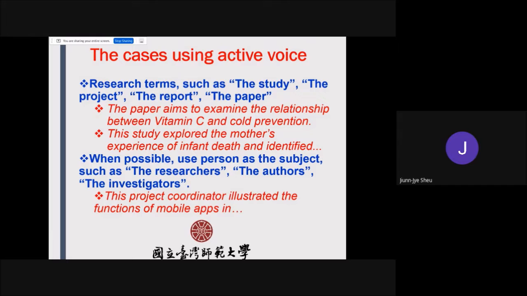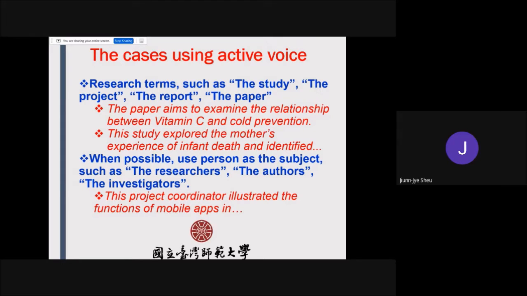So the subjects are the paper or the study, and the verb is aims or explored. The study explored the mothers' experience of infant death and identified something else. It's an incomplete sentence. I just used that as the starter of a longer sentence.